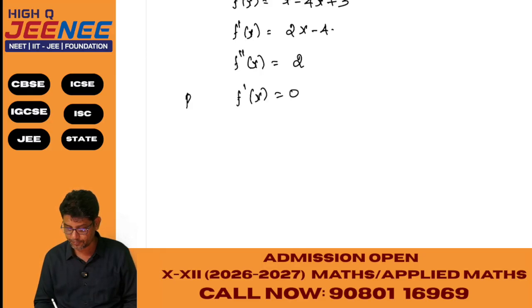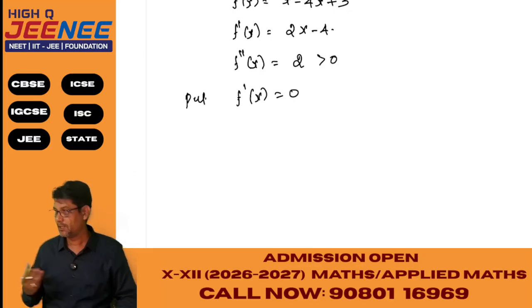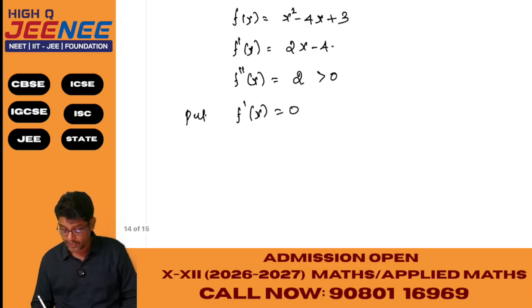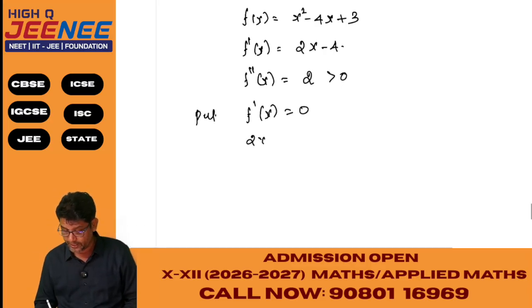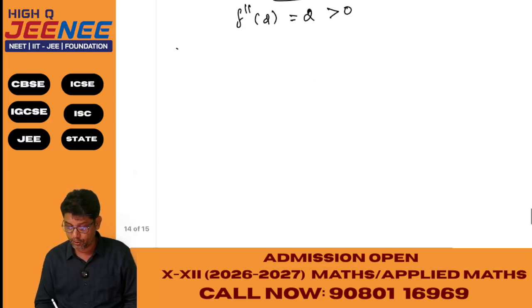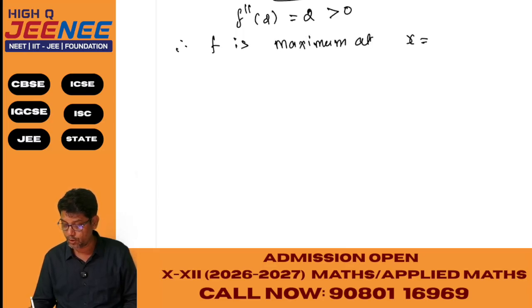See, f double dash is always greater than 0, but still we need to find the critical point. So 2x minus 4 is equal to 0, x is equal to 2. Now we substitute this 2 in f double dash, which is 2 only, greater than 0. So therefore, f is maximum at x is equal to 2. Sorry, minima.